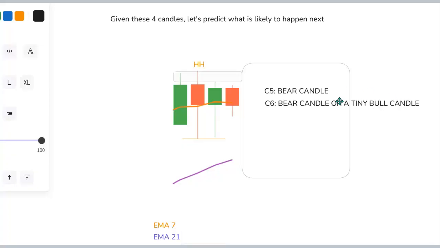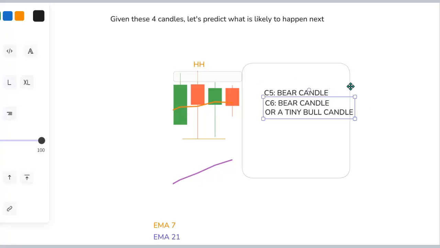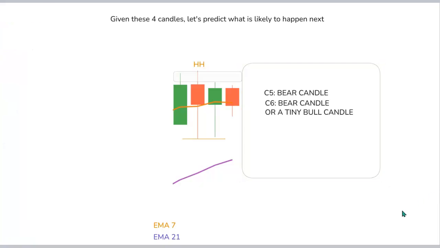Tiny bull candle, something like that, right? That's basically what I will be looking at for the next two candles, basically, right?